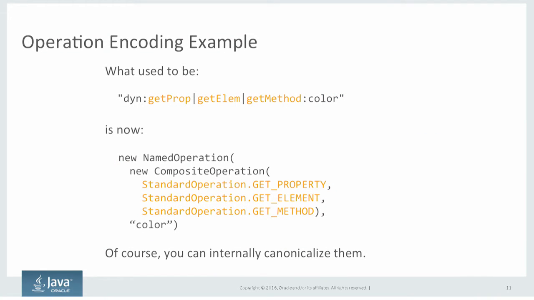So, in a nutshell, these composite operations, what used to be a string with 3 different parts for get property, get element, or get method, is now a composite operation over 3 different constants from the standard operation enum. It's also a named operation. What that is, I'll get to later. But the core here is it's a composite operation, and can be any of these.